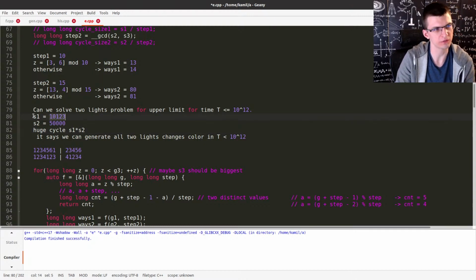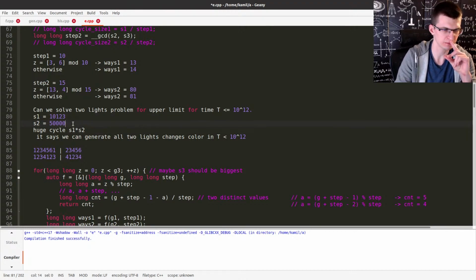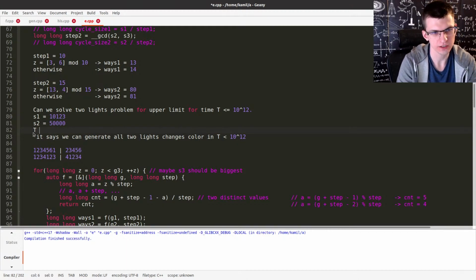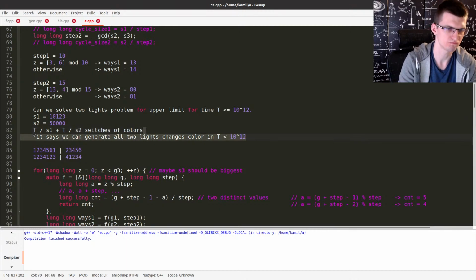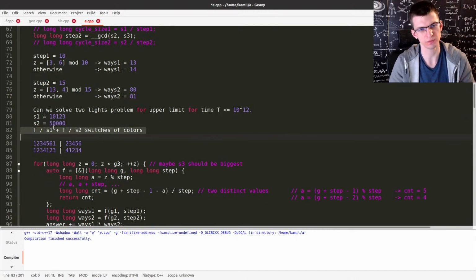This would be true if sizes were up to a million, but maybe otherwise something good. Let's think. Yeah, I think we're good. There are t divided by S1 plus t divided by S2 switches of colors. Yeah, that solves the problem.